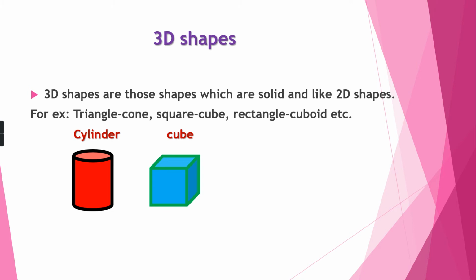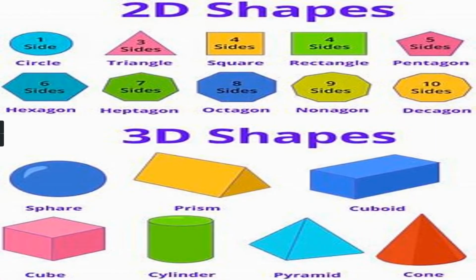Like, triangle is a 2D shape, but on its idea, there are pyramid, prism, cone, right? On the idea of square, there is cube, and on rectangle, there is cuboid, etc. And as you saw, there was a cylinder, and it looked so thick, with thickness and solidness.